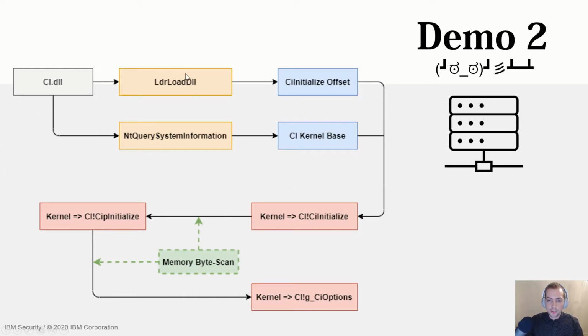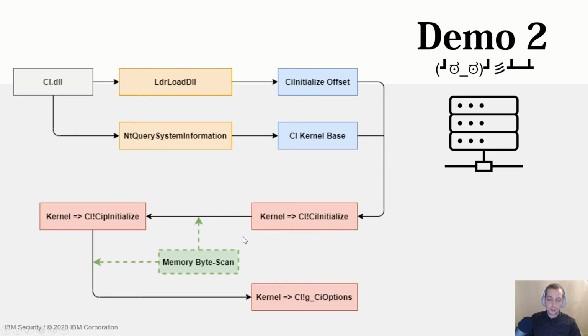We get the base address and calculate the offset to some function, CiInitialize. And we use NtQuerySystemInformation here to get the kernel base of CI, right? And then that gives us this kernel address of CiInitialize.